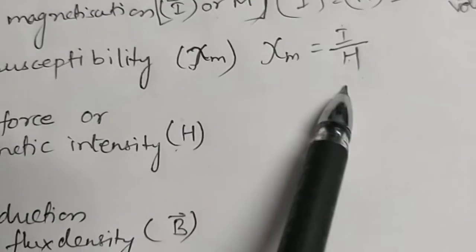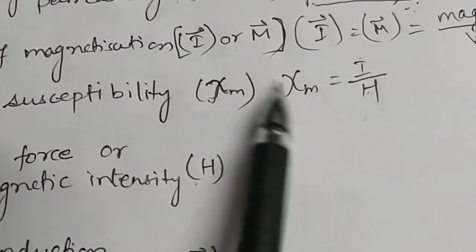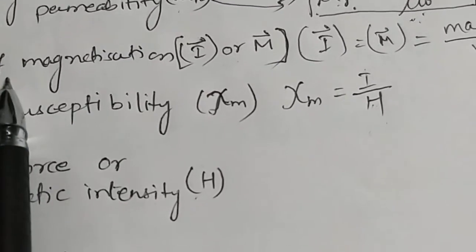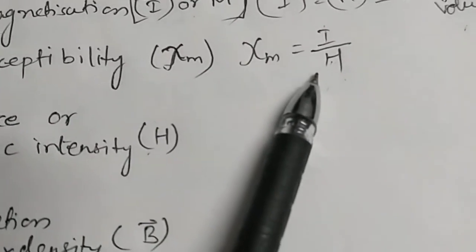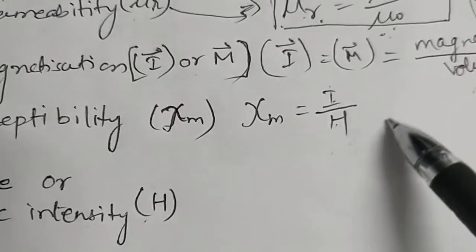So it is the ratio of intensity of magnetization to the magnetizing force or magnetic intensity: I by H, or if instead of I you write M, then M by H.